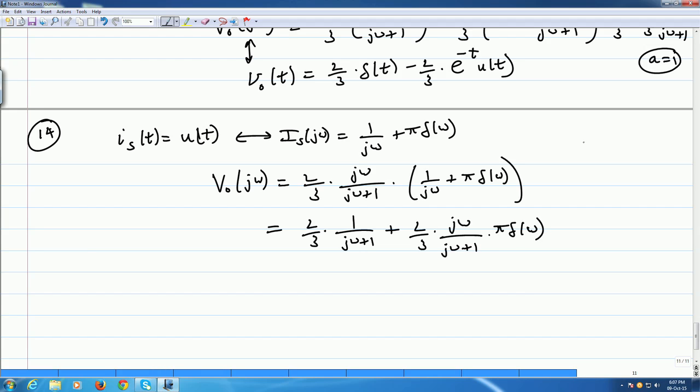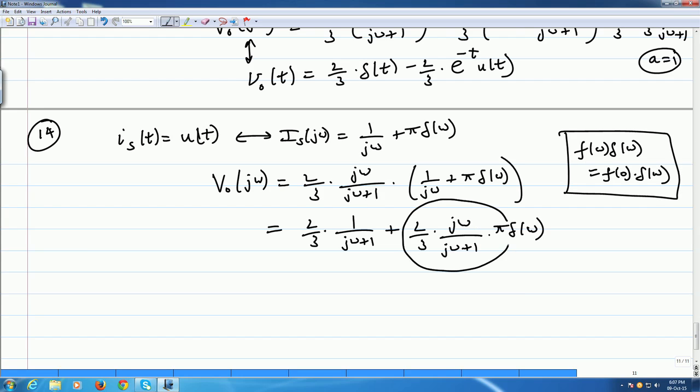Now, if you remember, I have this relationship that f of omega times delta of omega is equal to f of 0 times delta of omega. Okay, this is the relationship. Okay, and this plays the role of f of omega here, and what is f of 0 is actually 0, right. If you put omega equal to 0, this thing vanishes.